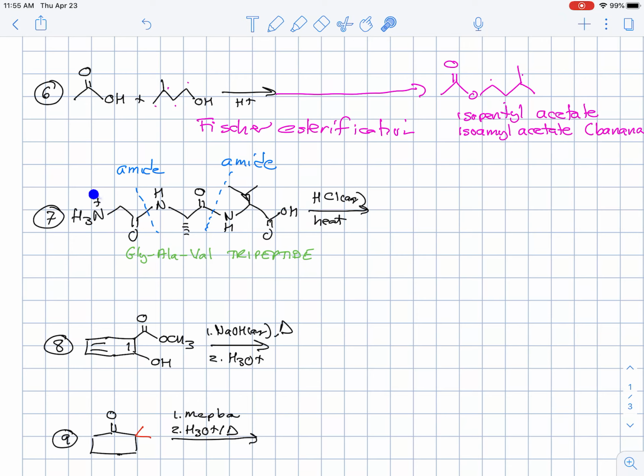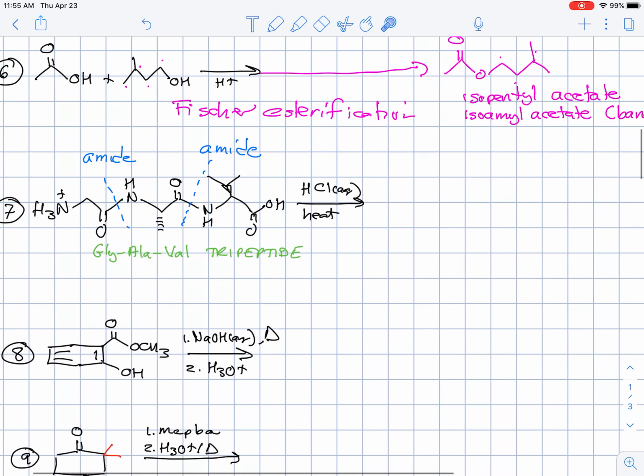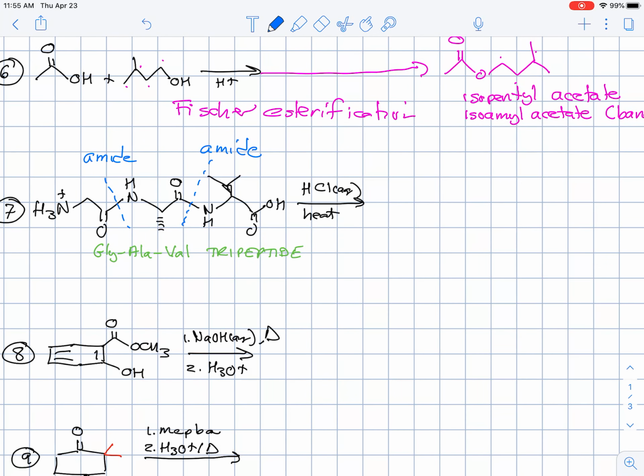So the carboxylic acid is protonated, and the amine on the end is protonated, because that's what's going to happen in strong acid. So it's a tripeptide, so we're going to get 3 different amino acids out of this. And kind of in order, we've got H3N, and I'm going to write them as they would be formed in acid.